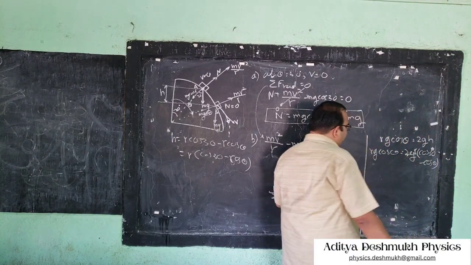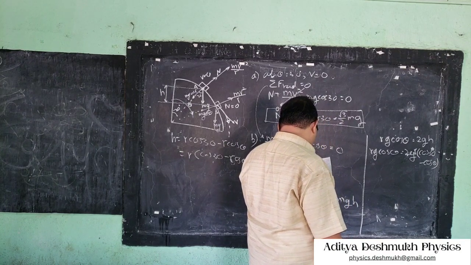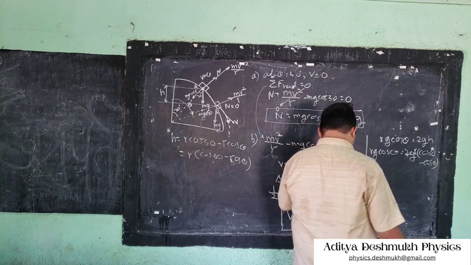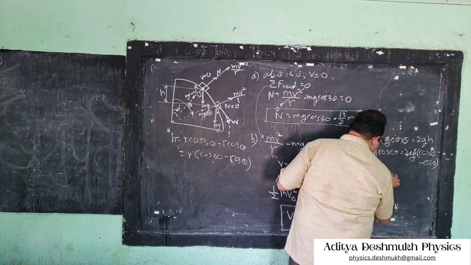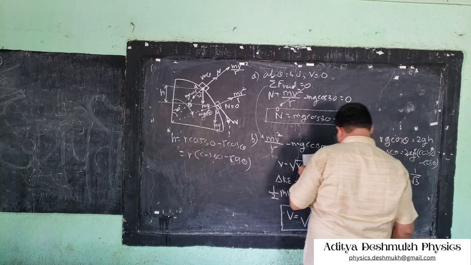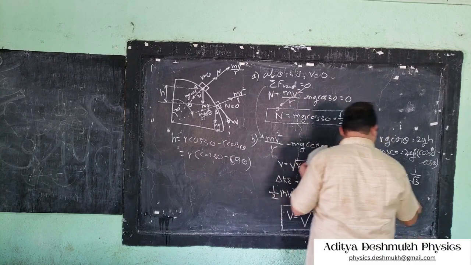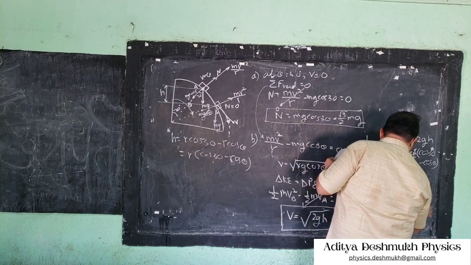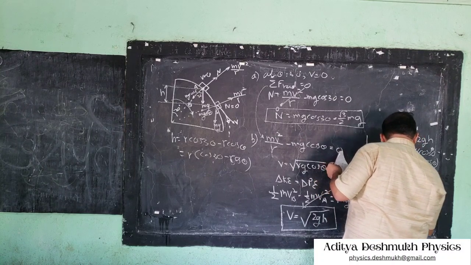Now I can solve this equation for theta. From here I get cos theta equal to 1 by root 3, and my theta, if you take it from the log table, I will get 54.73 degrees.